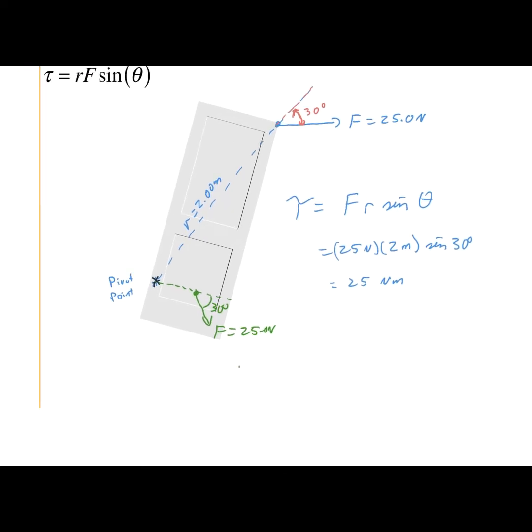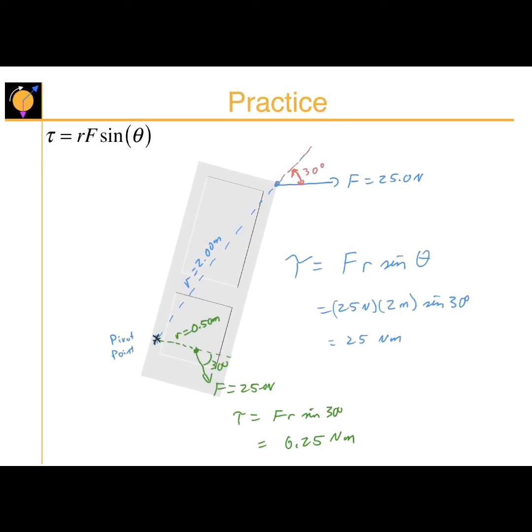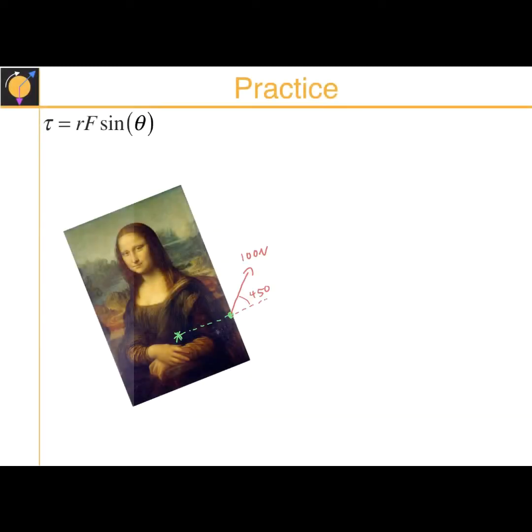So in this case, the torque will be FR sine of 30 degrees, and let's call this distance here half a meter. So it's the same force, the same angle, but because it's closer, it's going to be less torque, and it ends up being 6.25 Newton meters. So we get less torque in that second situation because the same force at the same angle is closer to the pivot point.